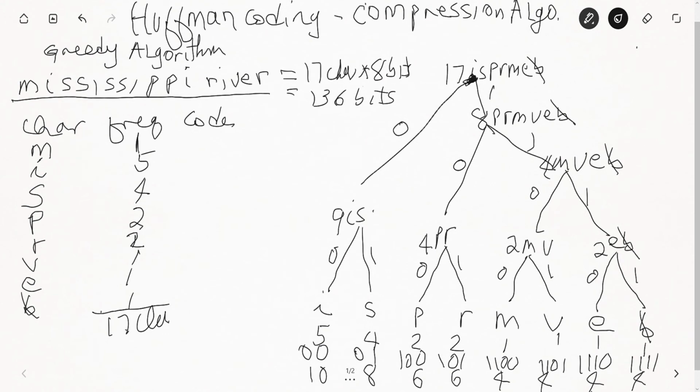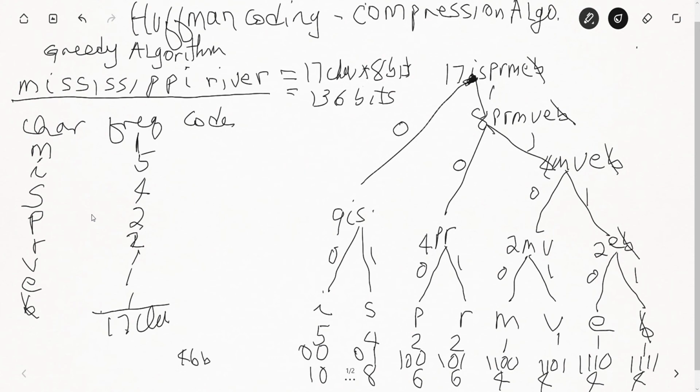If I add all these bits up, that's 10, 18, 24, 30, 34, 38, 42, 46. So I got 46.